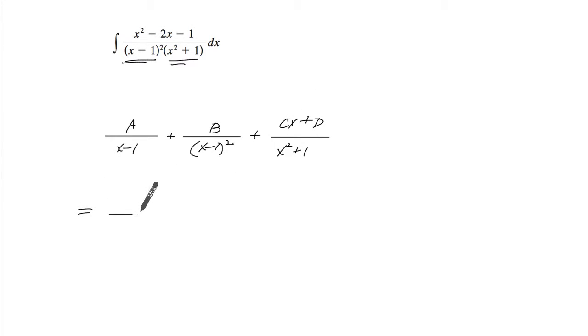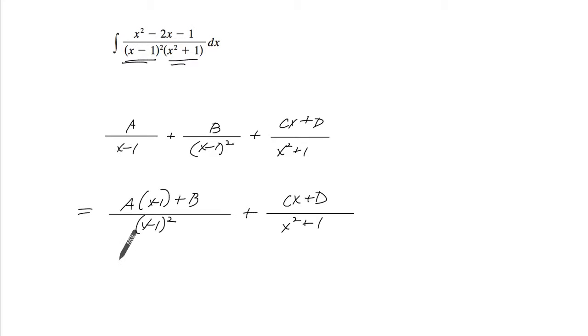To combine the expression, let's combine these two first. x minus 1 squared, and you get A times x minus 1 plus B. And then finally, if you combine it all together, x minus 1 squared times x squared plus 1.